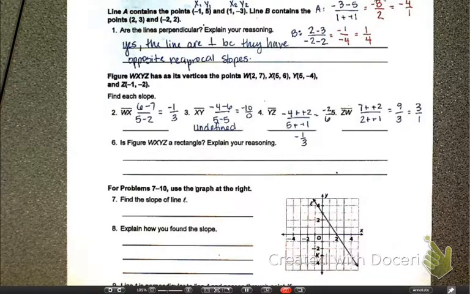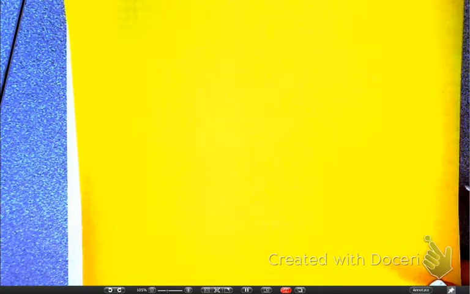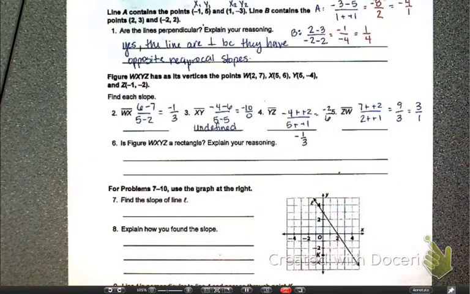You're confident it's a horizontal line? It's vertical. It is a vertical line.